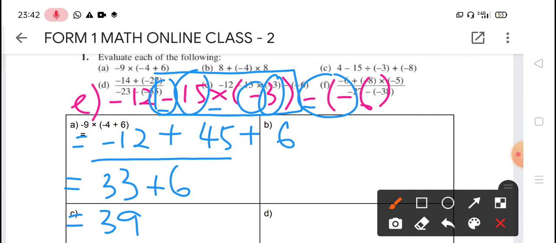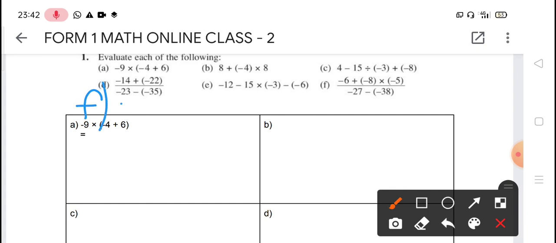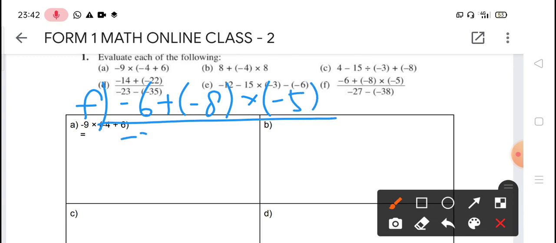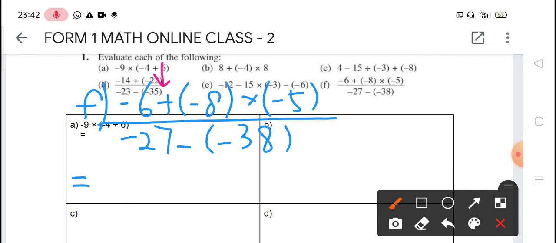Okay, and lastly, question F. We have negative 6 add with negative 8 multiply negative 5 over negative 27 minus negative 38. Okay, so up here we have addition and also multiplication. So we will do multiplication first. So negative 6, 8 multiply 5, 40.